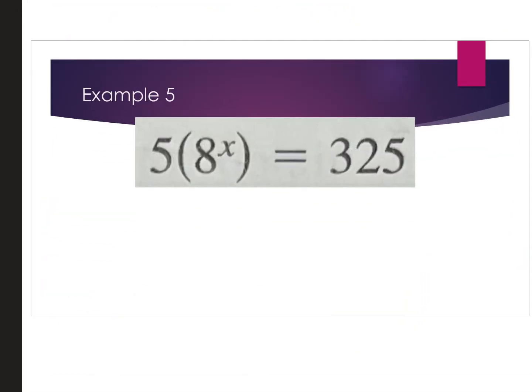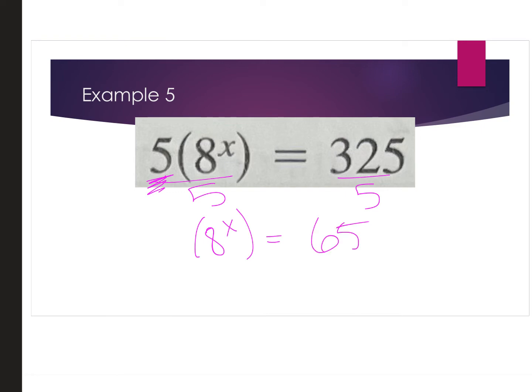All right, again, let's try another. Example 5. Okay, so this one is slightly different in that there's a random 5 hanging out in front. So what I'm going to do is divide both sides by 5. If I divide both sides by 5, I end up with 8 to the x equal to 65.